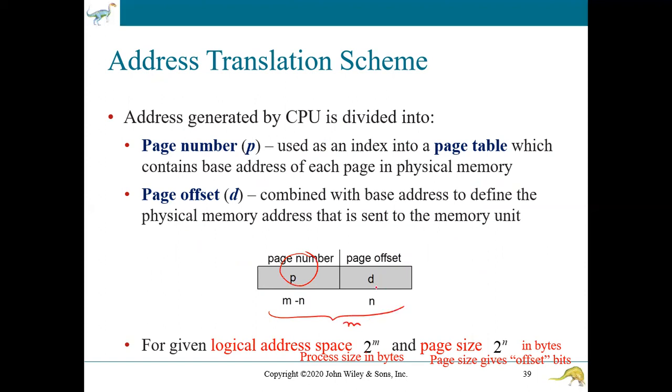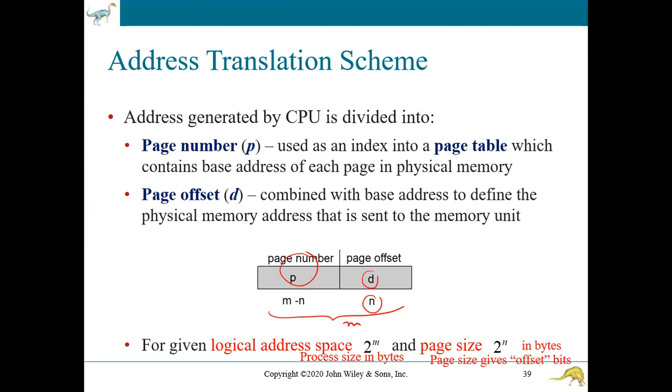Offset bits is n, which is basically displacement. Offset is a number within the page, and it will be within the frame.